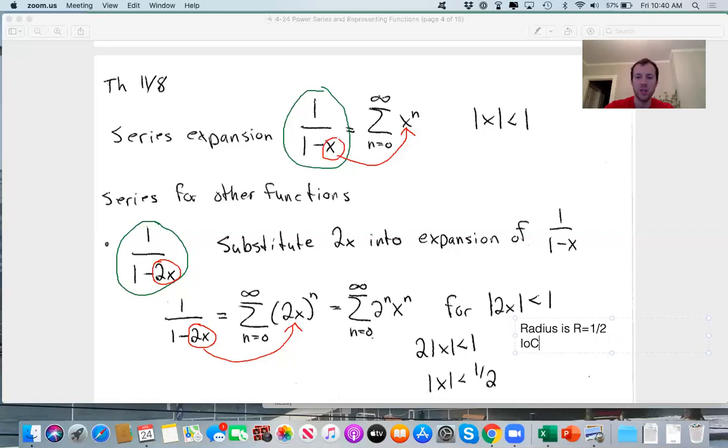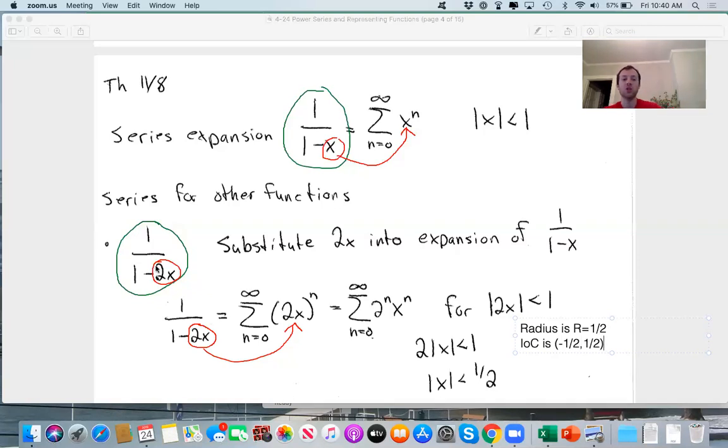So in this case, we can say the radius is this 1/2, because we need it as the absolute value of x plus or minus something, and only after dividing by 2 do we get it in that form. And so the 1/2 is the radius, and the interval is -1/2 to +1/2.